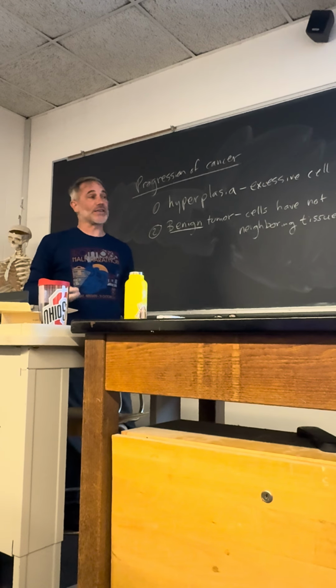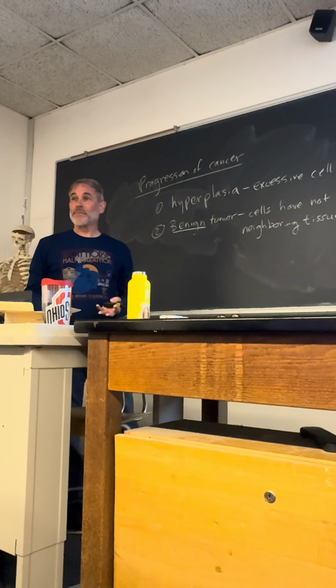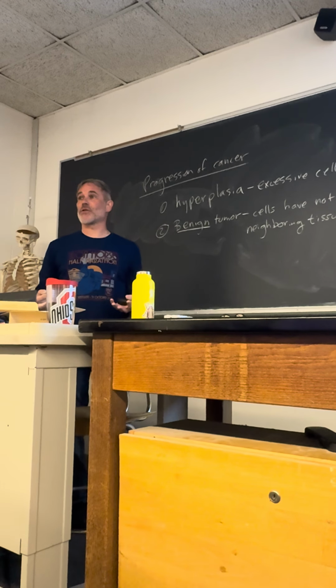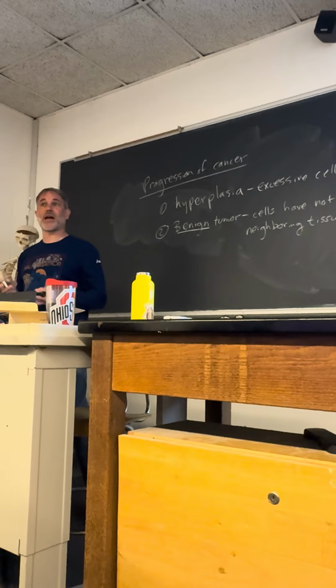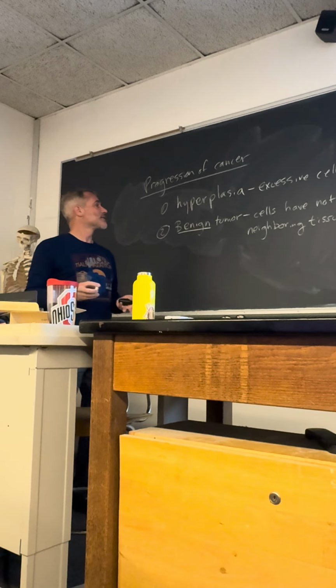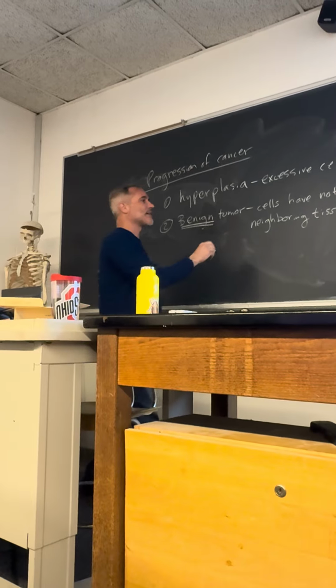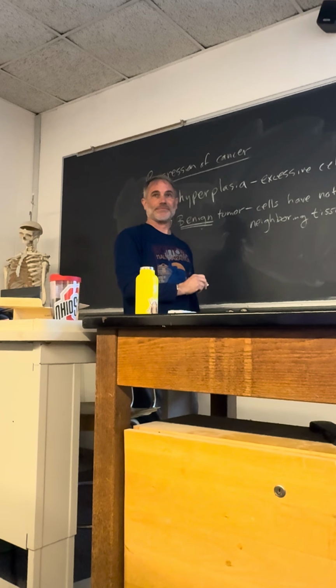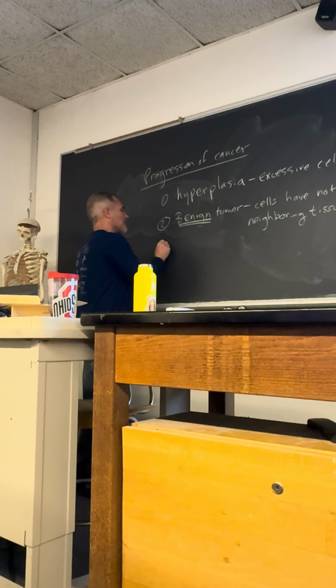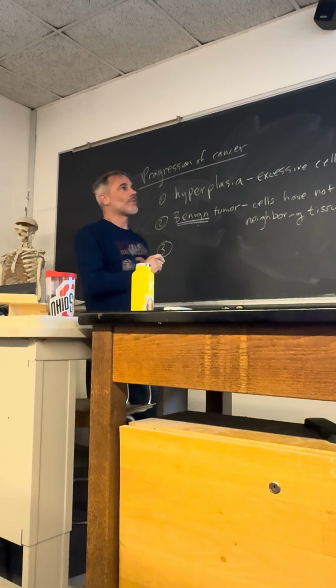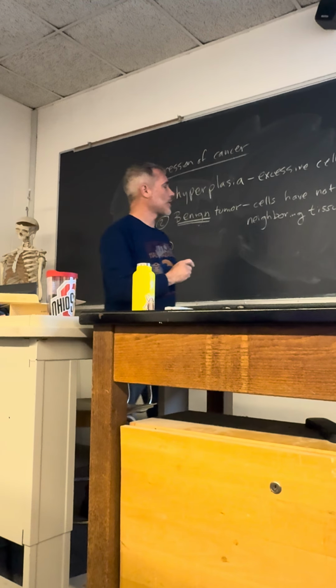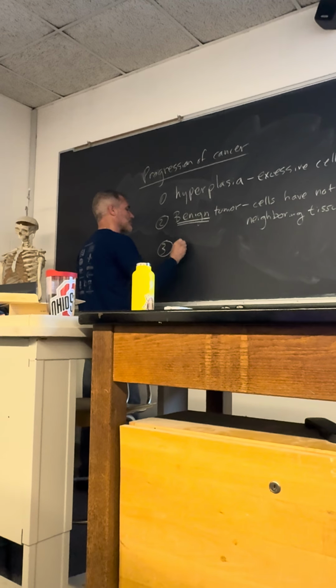So you could have a huge benign tumor, but if it doesn't invade the tissues that are around it, it's still just a benign tumor. That name doesn't indicate the size or the location or what that tumor might be doing. It just means specifically it hasn't invaded neighboring tissues, right? And then the third stage here is called a malignant tumor or malignant growth, either one.